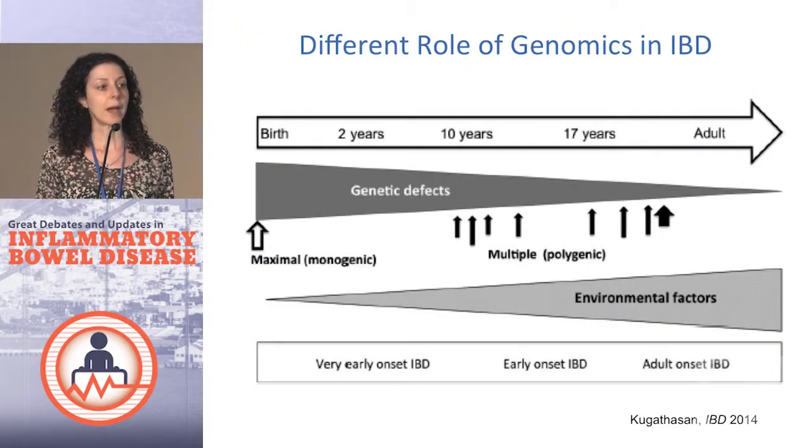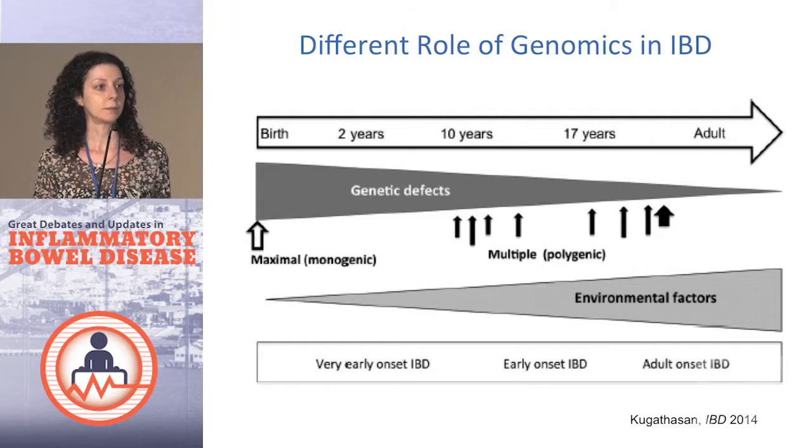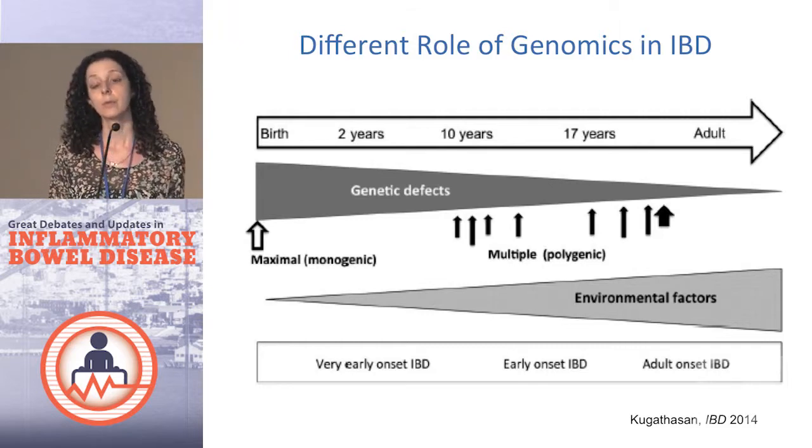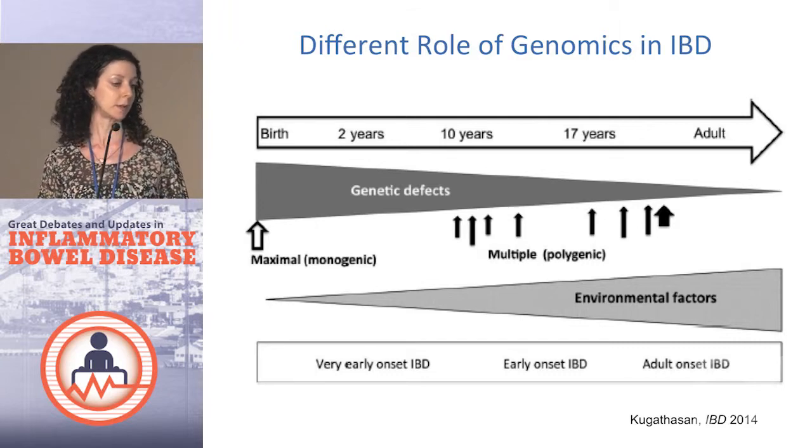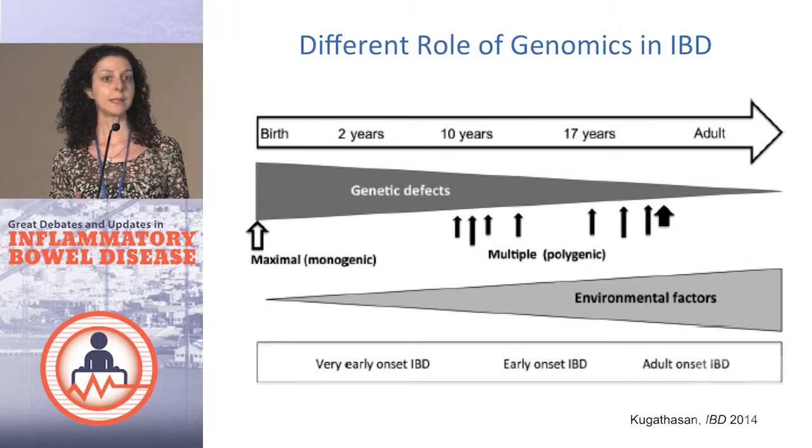So the role that the actual genes play in each person's disease is probably largely dependent upon how old you are when you're diagnosed. Older children and adults tend to have this polygenic or multigenic disease process. So there are perhaps many different genes, those common genes with a small effect, involved in their particular phenotype, and it's a cumulative effect of all these together.